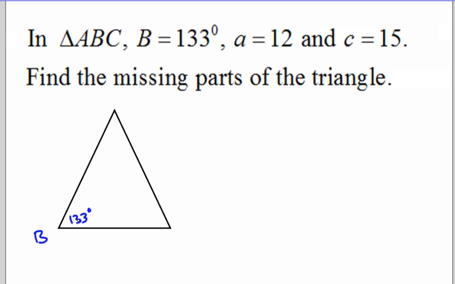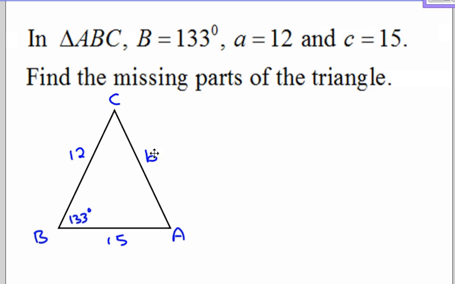So there's angle B. They don't tell us side b, which would be opposite that. They do tell us a is 12, so if that's side a, then this is angle A, and side c is 15, so this is angle C. Whenever we solve one of these, the first thing we want to look for is a side angle pair.